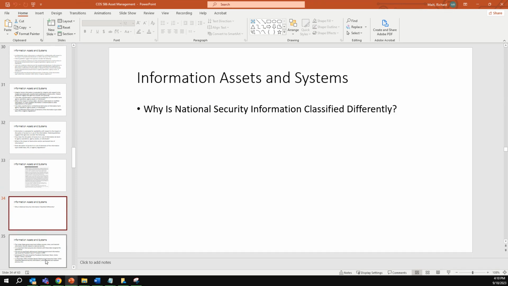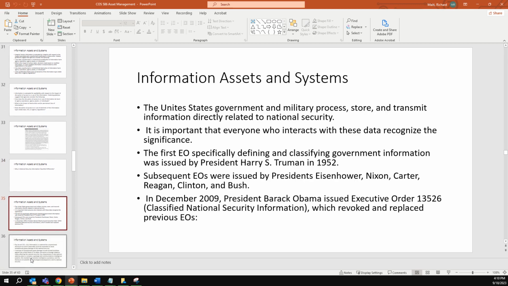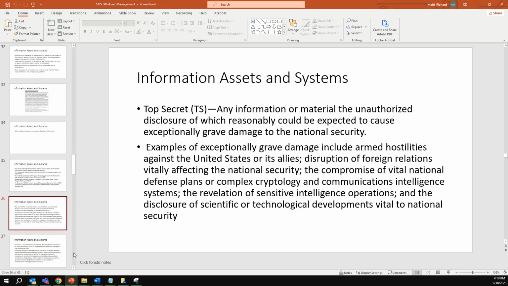How does national security information classify it differently? There's a military process, and everyone that interacts with these documents recognizes that it's related to national security. Top secret. These have been in the news recently, actually, where former government agency personnel took top secret documents home.